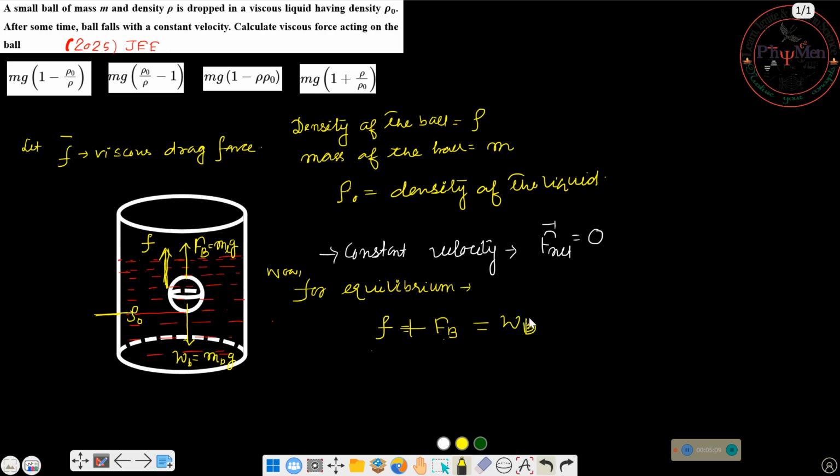That is, this viscous force plus buoyant force is equal to the weight of the ball. Now we need to find out the viscous drag force.